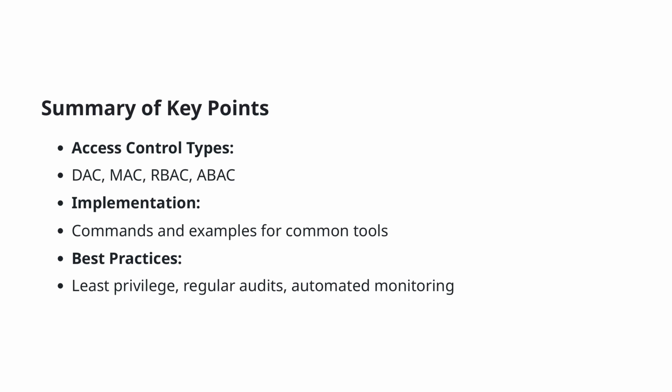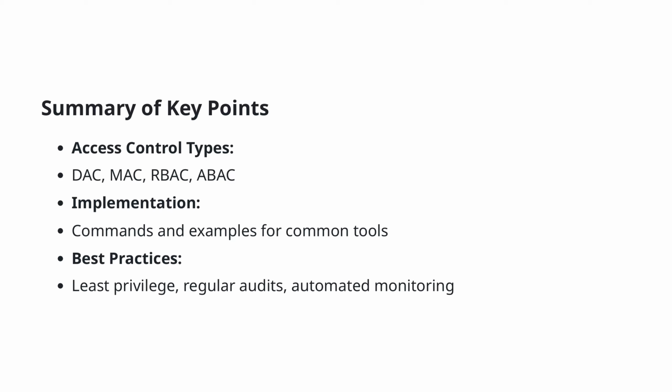Let's summarize the key points we've discussed so far about access control management. We talked about the different types of access control, including discretionary access control, DAC, mandatory access control, MAC, role-based access control, RBAC, and attribute-based access control, ABAC.